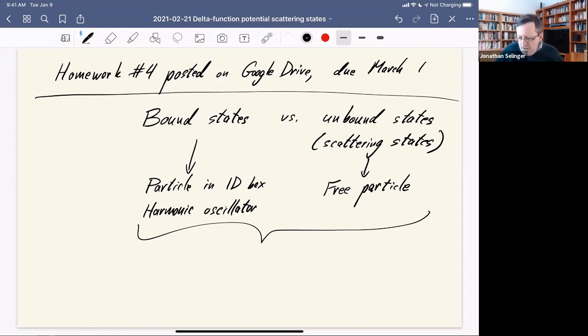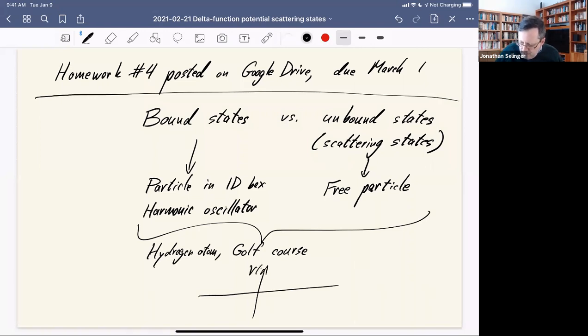The first thing that I thought of designing was the golf course. Well, actually, the first thing was the hydrogen atom, but that's too hard for now. The second thing was the golf course, where the potential energy V of x is just flat, then a little hole, and then flat.